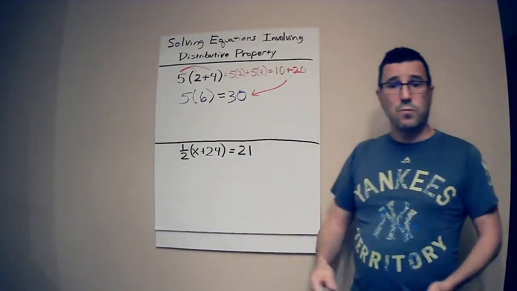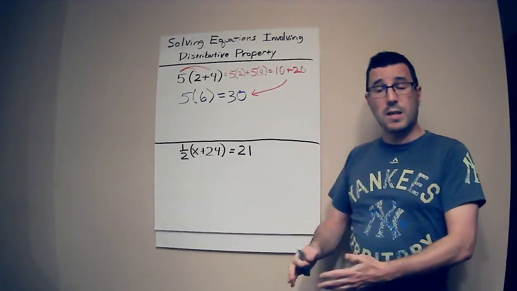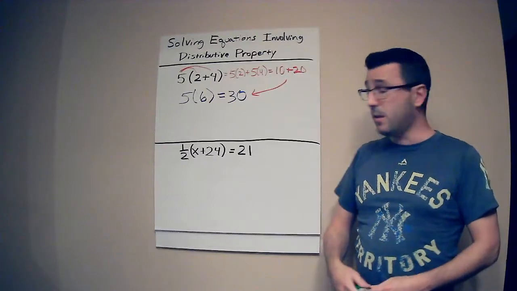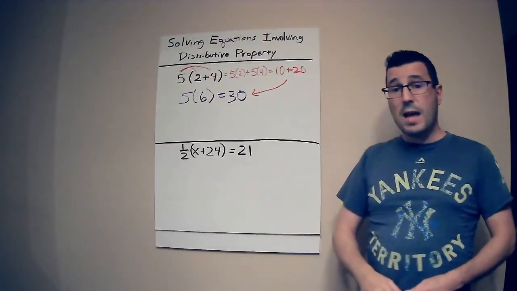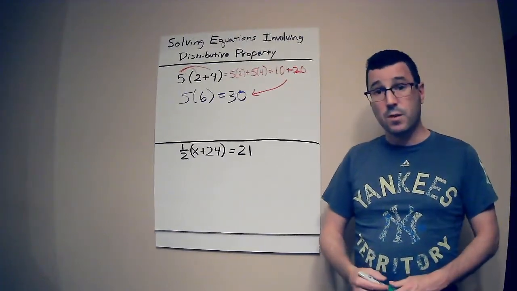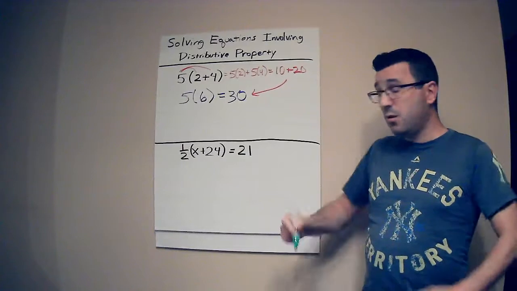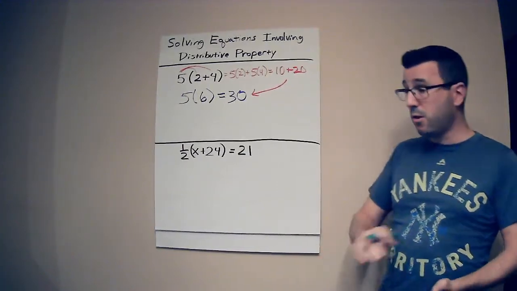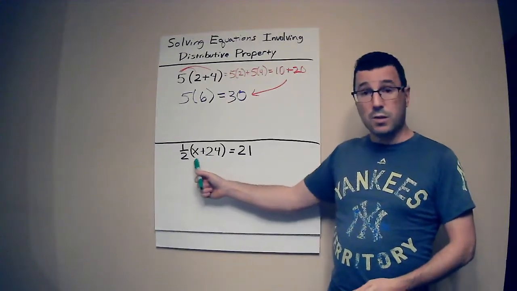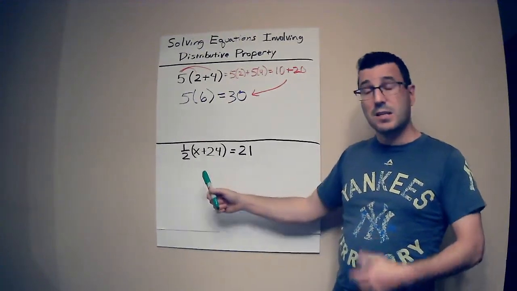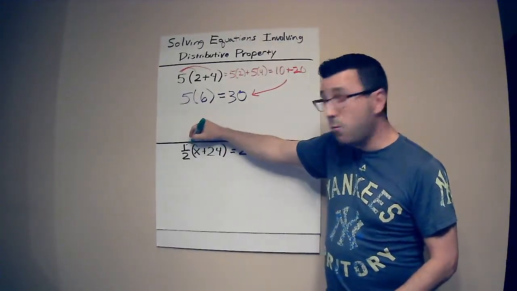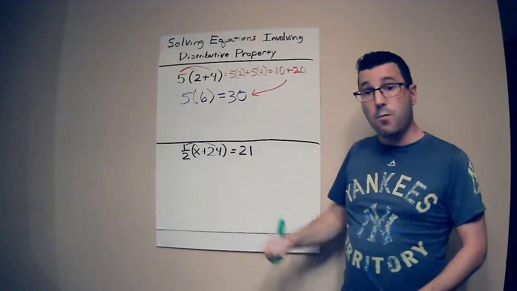This is just distributive property on one side of the equal sign with no negative coefficients or anything. What we have here is 1/2 times (x plus 24) equals 21. I'm going to distribute the 1/2 through the entire left side; everything in the parentheses is multiplied by 1/2, so the x and also the 24.